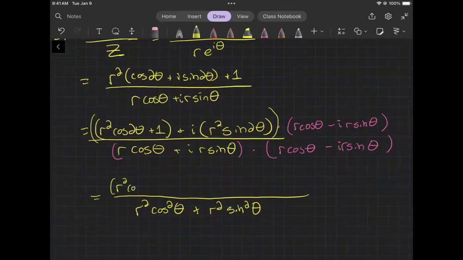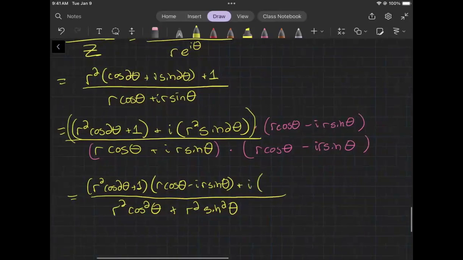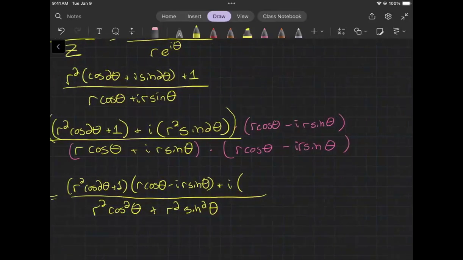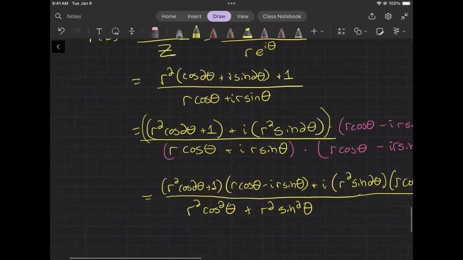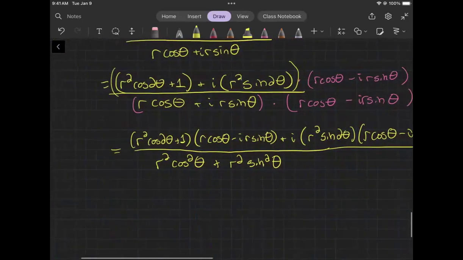So it's r squared cosine 2 theta plus 1 times r cosine theta minus i times r sine theta, plus i times r squared sine 2 theta times r cosine theta minus i times r sine theta. Okay. On the bottom, we'll have just r squared. That's a good thing.